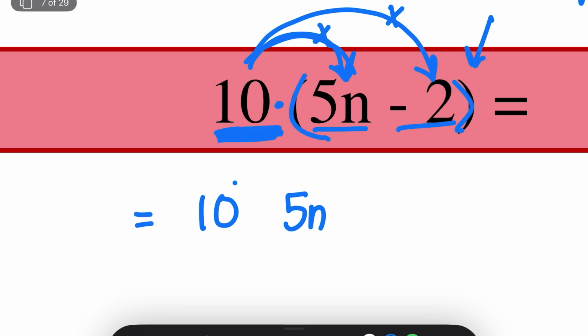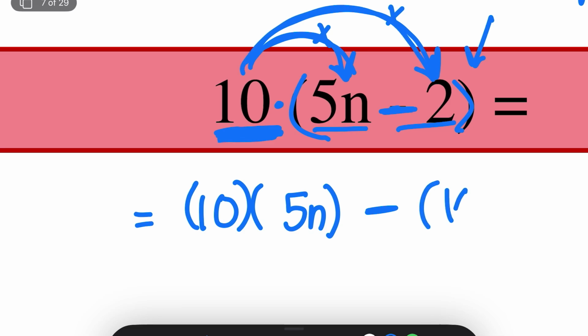We put them in brackets and stick them next to each other, like this. This means that I'm multiplying them. Because we're working with algebra, we have to use this form. And then just write down the sign. We have a negative in between, we just write it down. And then again, distribute the 10 to the 2. So it's going to be 10 times the 2.